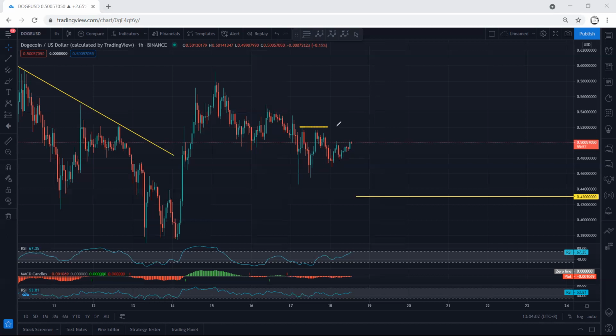Having entry above this can be an option, but it's really risky because I mentioned we can expect this one to turn to 3 waves, tag the top, and drop. So if you put the entry above this, we tag and drop. Then if we want to have entry above, maybe this one is not a really good idea. Maybe we can put it above here. But again, it depends on the traders. If they can monitor and be in front of the chart, maybe they can put it here.